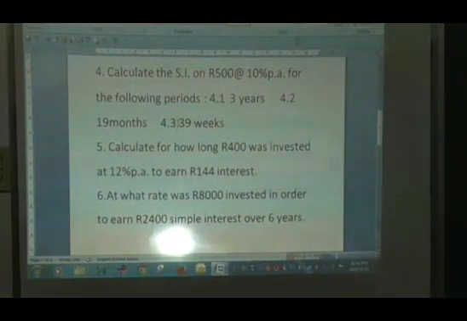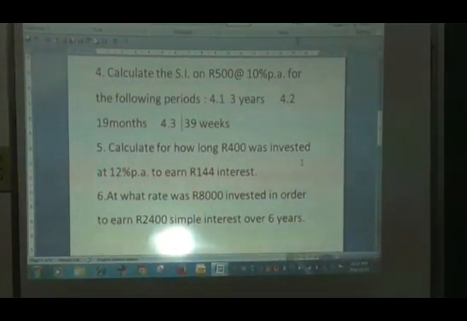So there's 3 different examples in number 4. Number 5. Calculate for how long 400 Rand was invested at 12% per annum to earn 144 Rand interest.